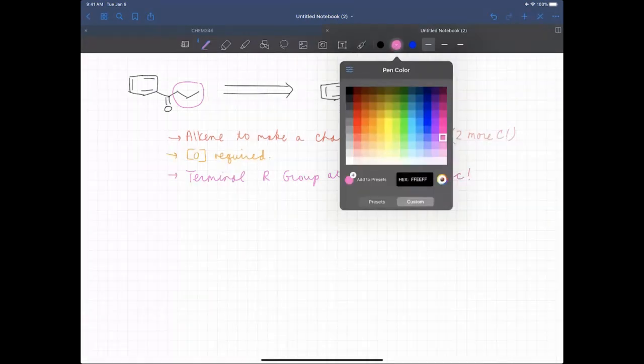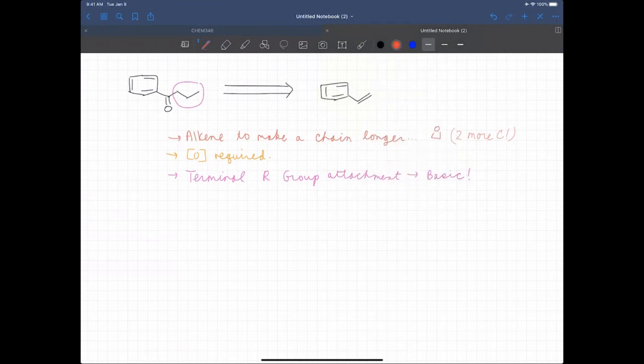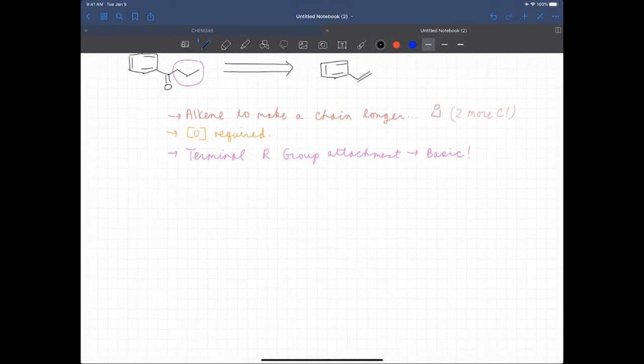I will show you what happens if you attempted the acidic route. So altogether, what's the first step?